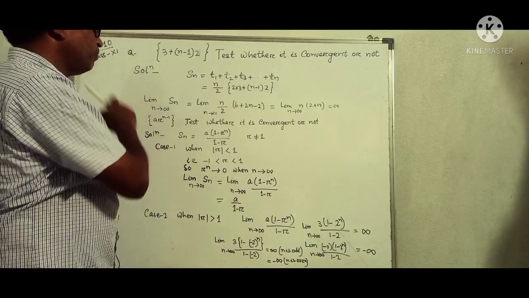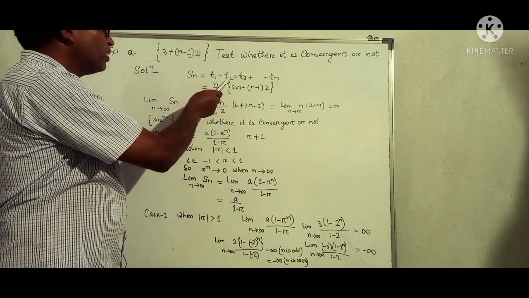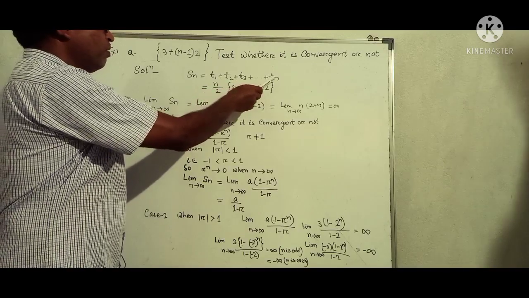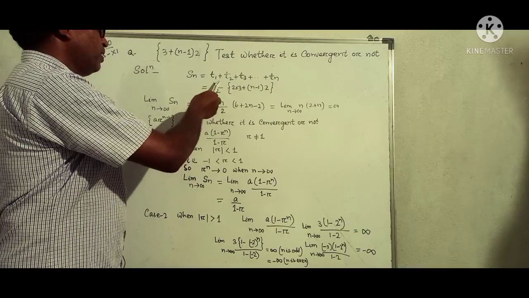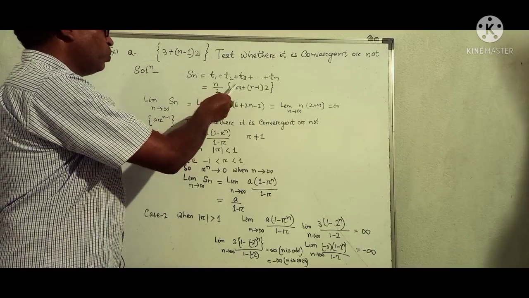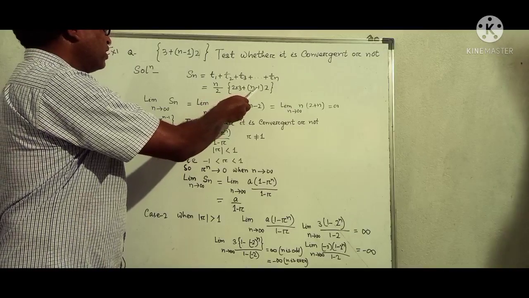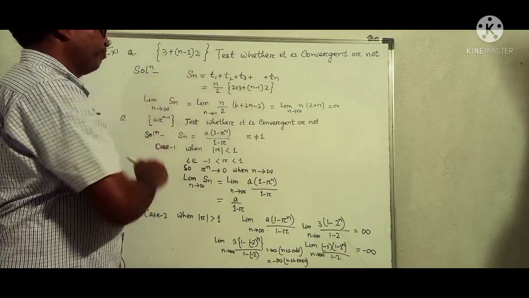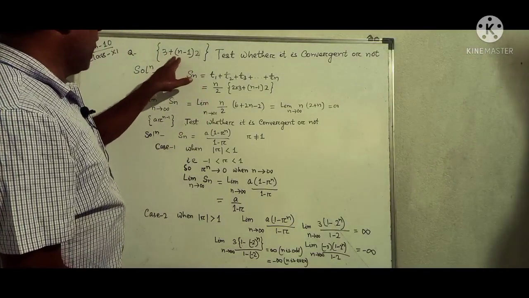Solution. Here Sn is equal to T1 plus T2 plus T3 up to Tn. That is equal to n by 2 into (2a plus (n minus 1) into d), where a is equal to 3.